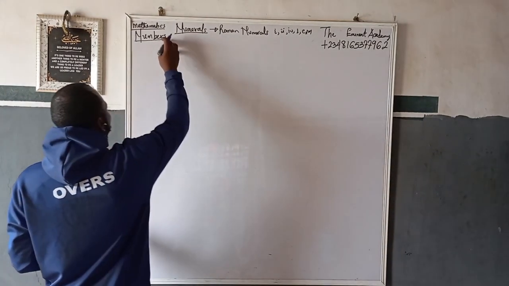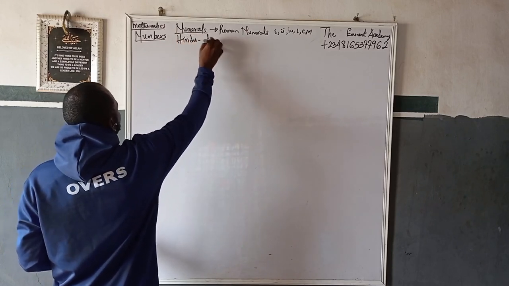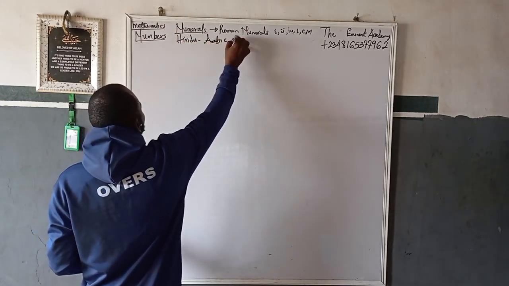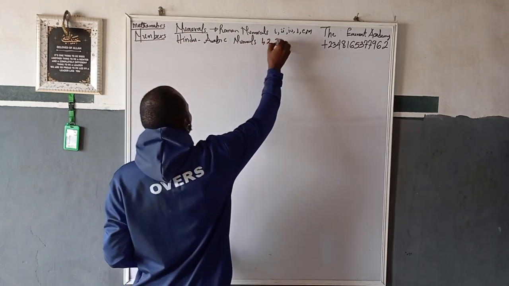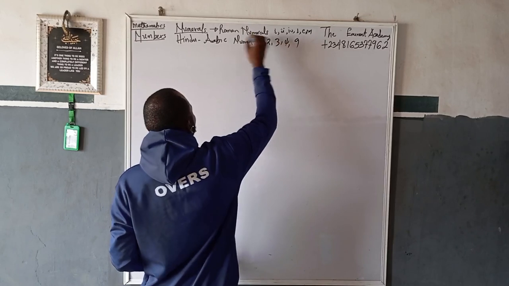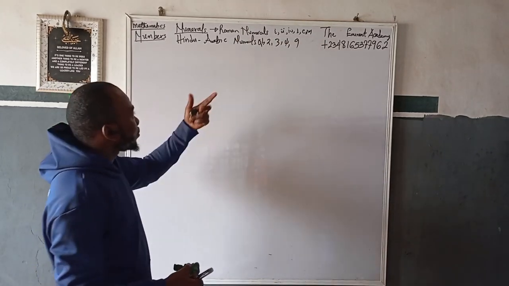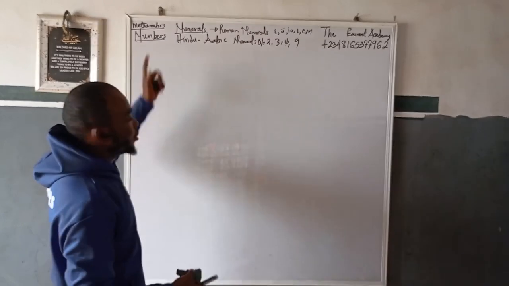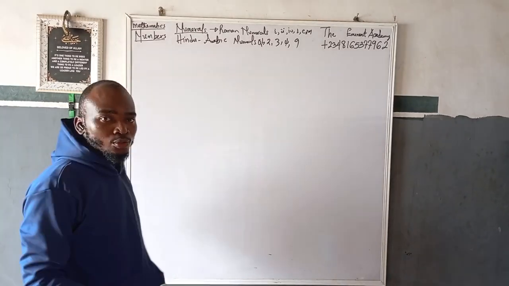The generally used ones are what we call the Indo-Arabic numerals, which are 1, 2, 3, 4, up to 9 and 0 inclusive. These numerals, we can now interchangeably call them numbers. So when I say numbers in this context, I'm talking about numerals precisely.